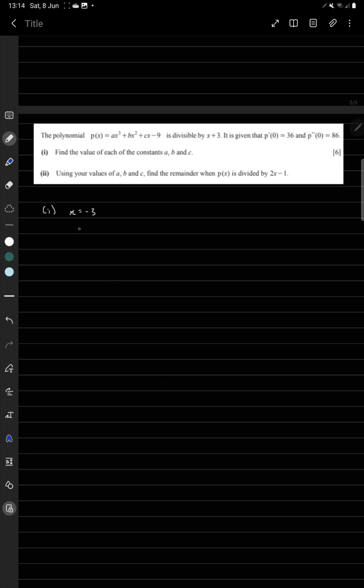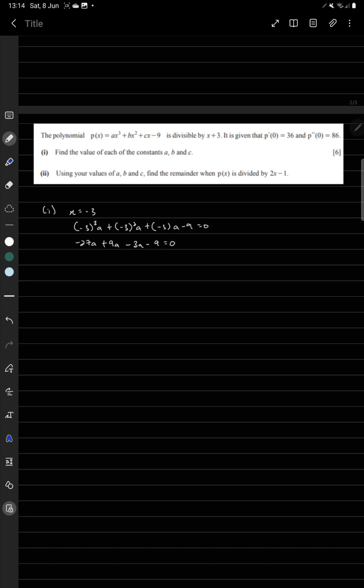So let's write it down. Negative 3 cubed a plus negative 3 squared a plus negative 3a minus 9 equals 0. Then we have negative 27a plus 9a minus 3a minus 9 equals 0.